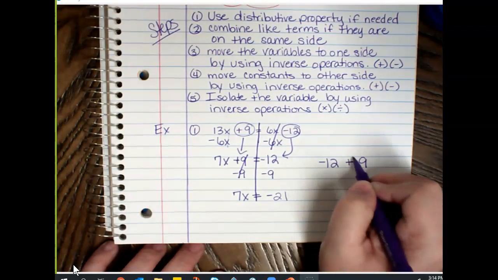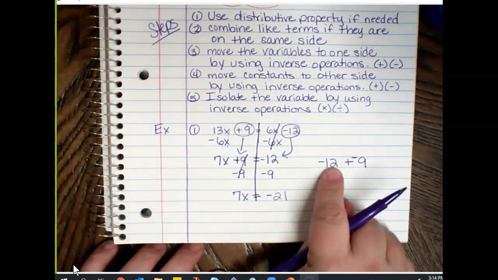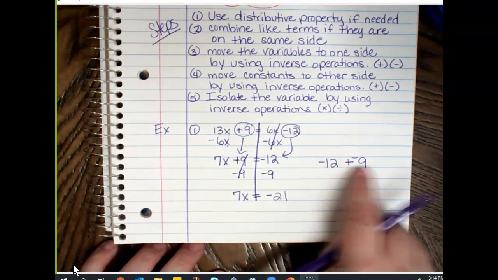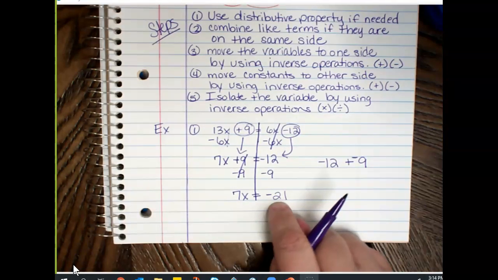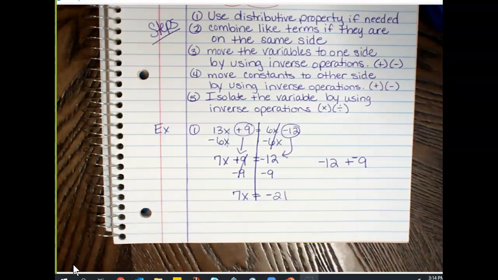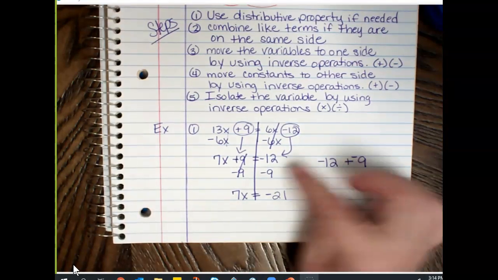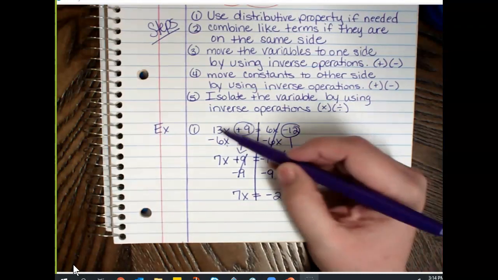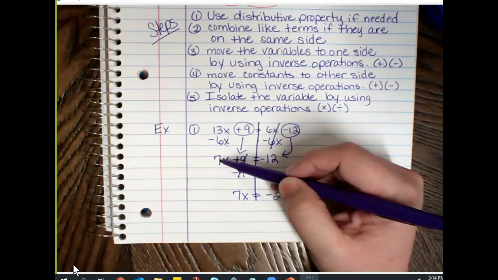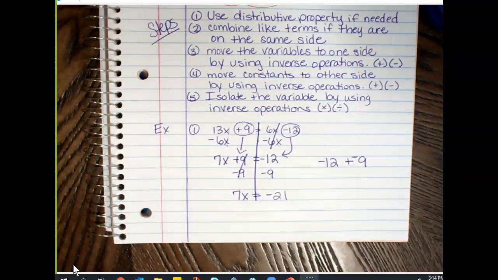Add the opposite. I'm really adding 12 negatives and 9 more negatives, so I have a total of 21 negatives. Remember our integer rules. Same signs, add and keep the sign. If the signs were different, like up here, we would subtract and keep the sign of the larger number. You've got to know your integer rules.